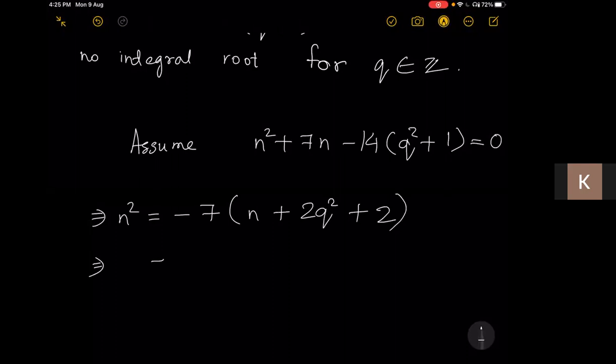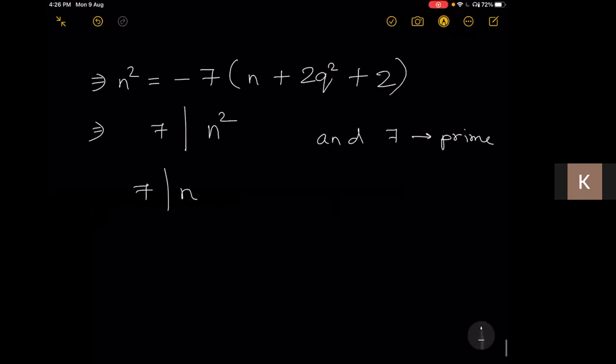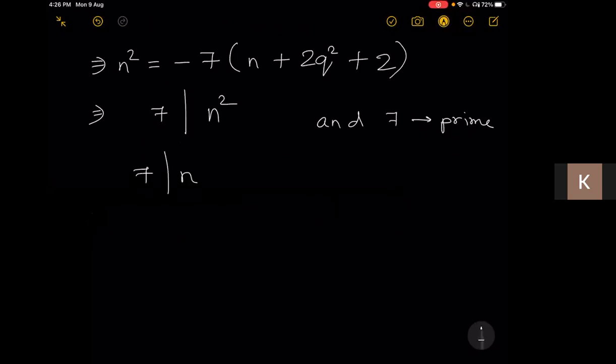So 7 divides n square, everyone agrees? Okay, and 7 is a prime. So 7 divides n. This we proved in one of the lectures, not proved, I gave it as homework.